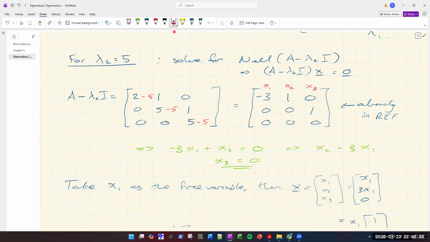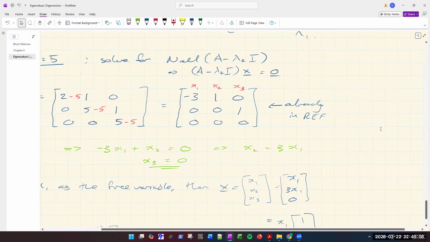And remember the rank-nullity theorem? For square matrices, it's very easy to remember because you don't need to remember whether it's the number of columns or the number of rows, since they're the same. So actually from here, you could figure out right away what the geometric multiplicity is. The rank is equal to 2.